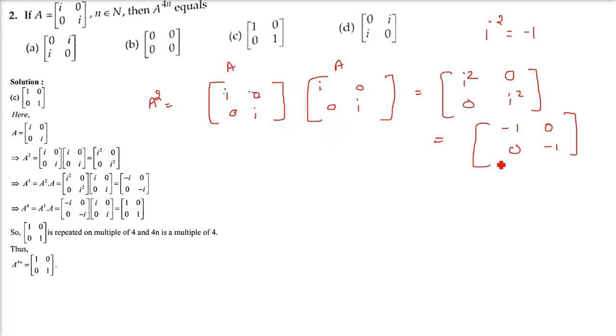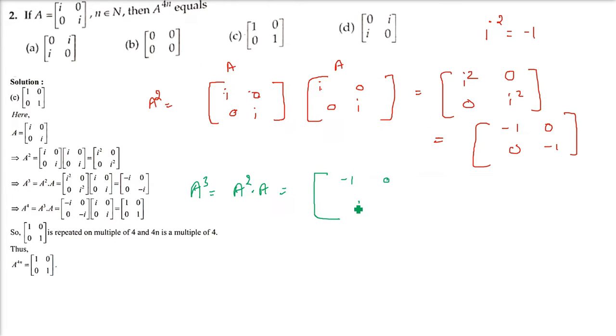Now what will we do? We will find out the A cube. A cube is A square into A. So we will multiply this A square, that is this result, with A. Whatever we got, I replaced i squared with negative 1, okay.